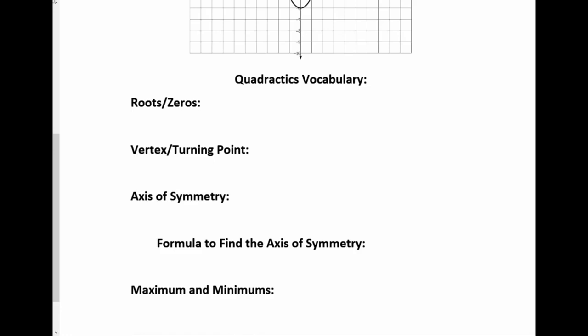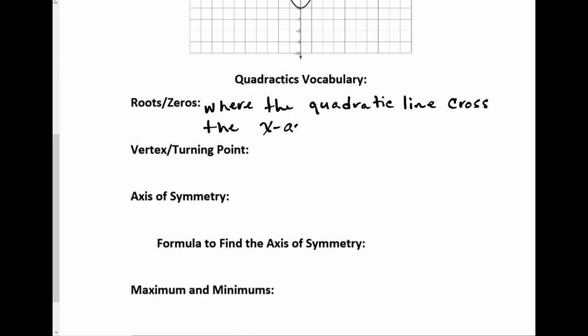The roots and the zeros are where the quadratic line crosses the x-axis. And really what this means is where y equals 0.